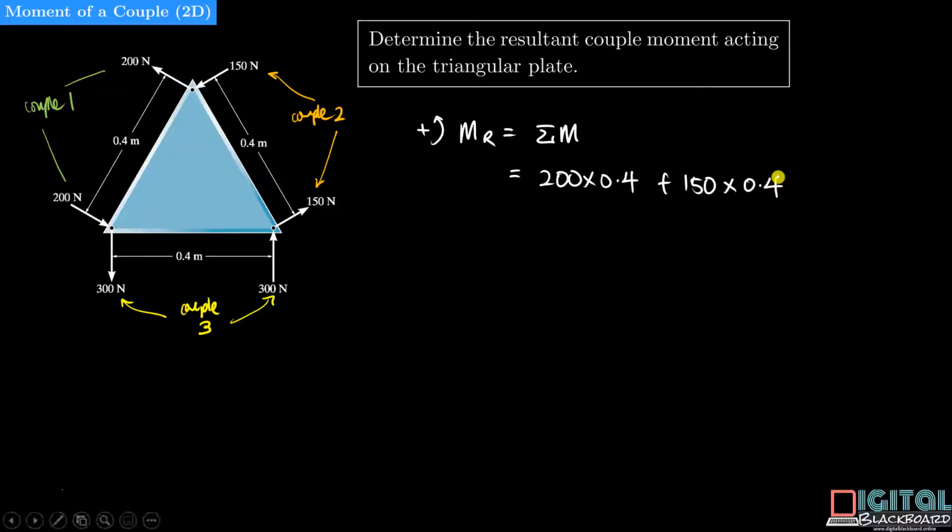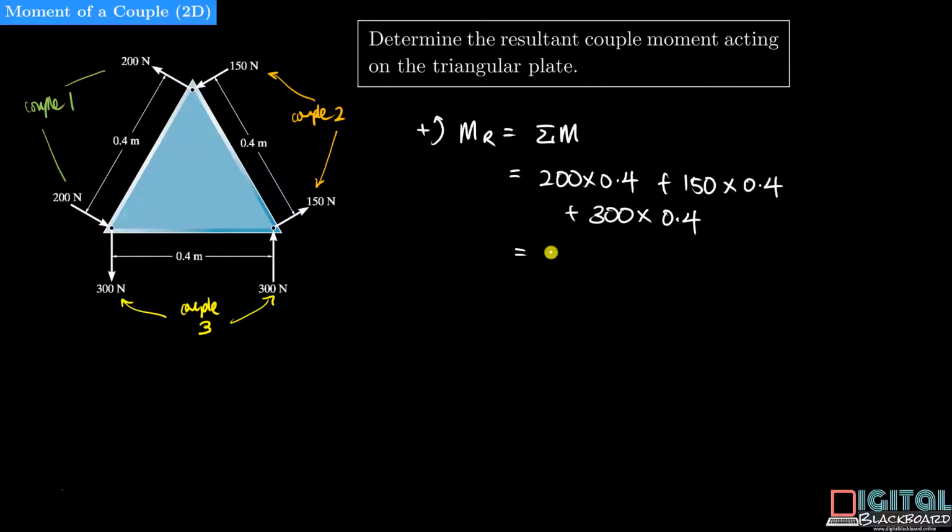Again, in both these cases, the couple moment generated goes in an anti-clockwise direction, so both are positive couple moments. And then for couple 3, we have 300 multiplied by also 0.4. In this case, it is also a positive couple moment because it turns in an anti-clockwise direction.